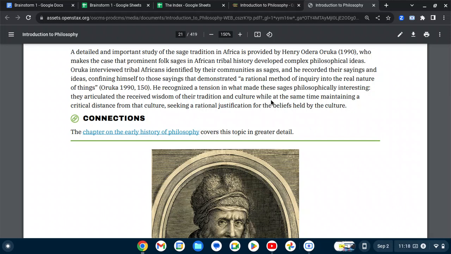He recognized a tension in what made these sages philosophically interesting. They articulated the received wisdom of their tradition and culture while at the same time maintaining a critical distance from that culture, seeking a rational justification for the beliefs held by that culture.